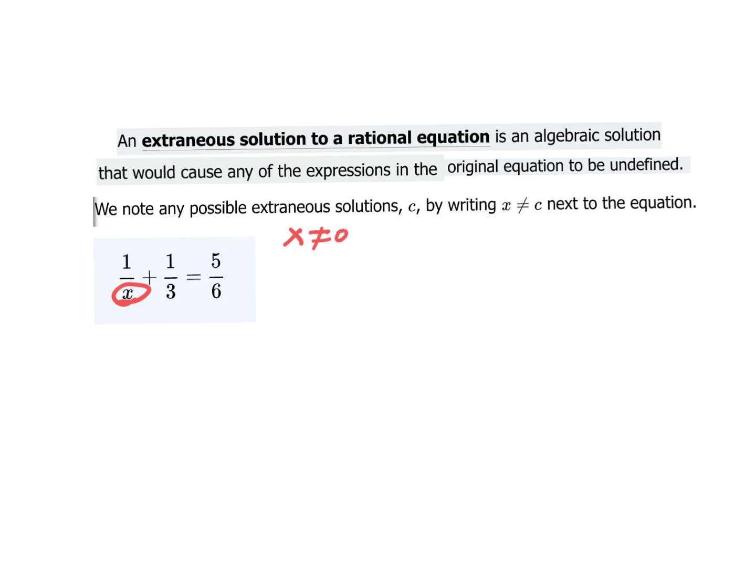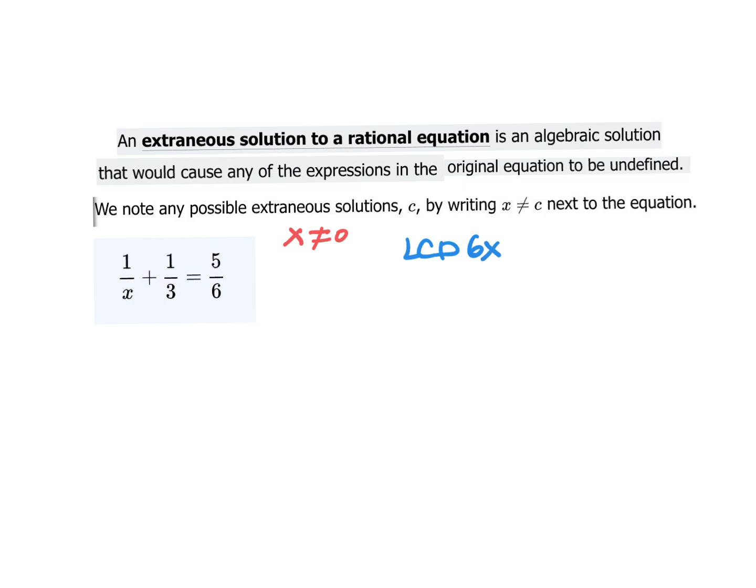And so after we do that, we begin to solve. We're then going to look for the lowest common denominator. So we have an x, a 3, and a 6. So our lowest common denominator here is going to be 6x.